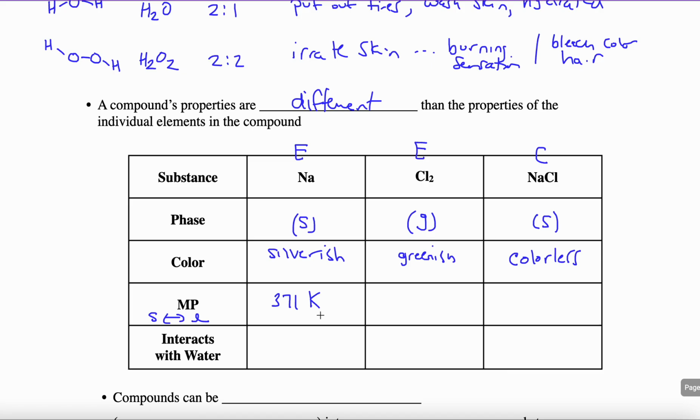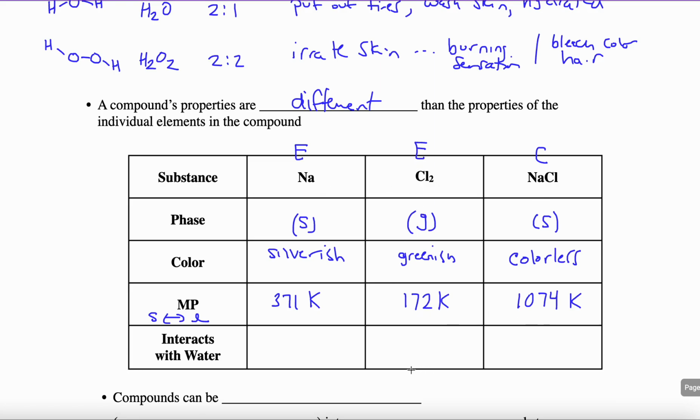And if you look at chlorine's melting point, it's 172 kelvins. But when these two elements form a compound known as sodium chloride, take a look at this melting point temperature. The melting point temperature of this salt is 1074 kelvins. A huge difference in the melting point value when they combine as a compound versus as individual elements.